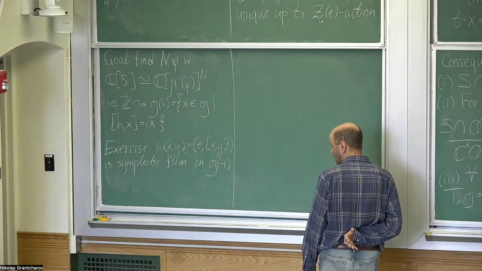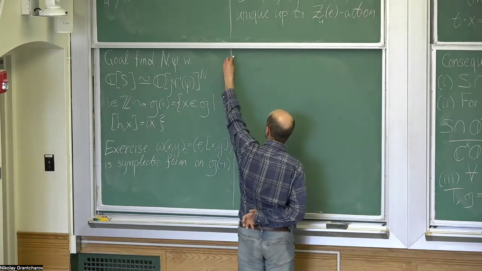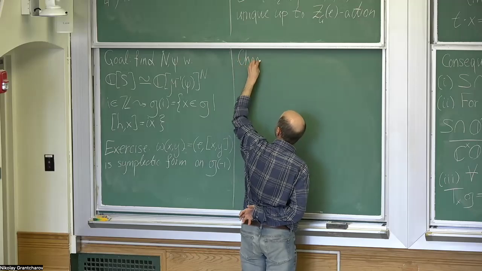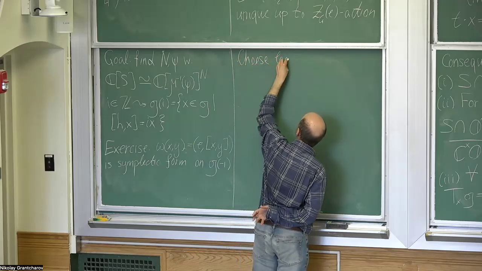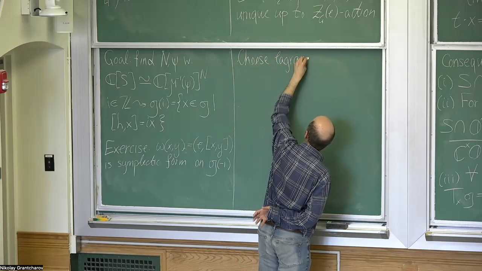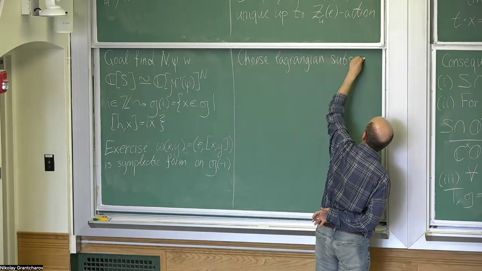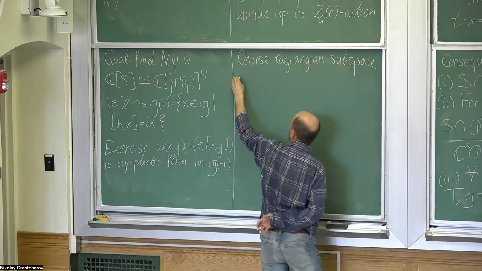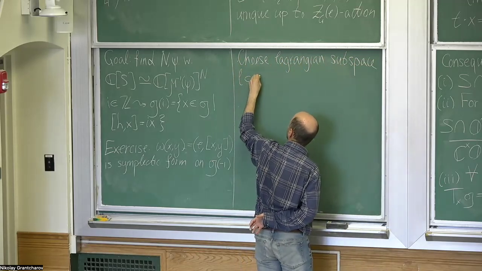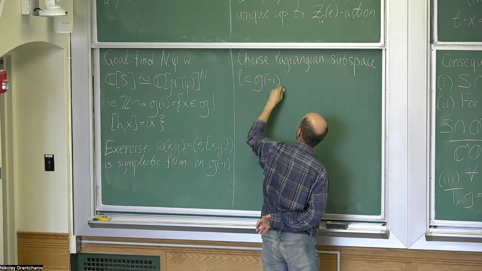Now, once I have a symplectic form, I can choose a Lagrangian subspace, denoted by L, inside of G minus 1.